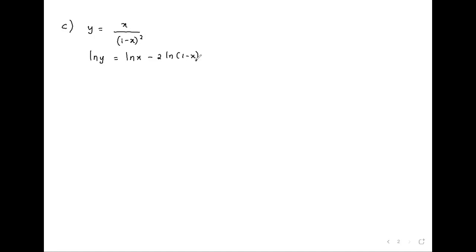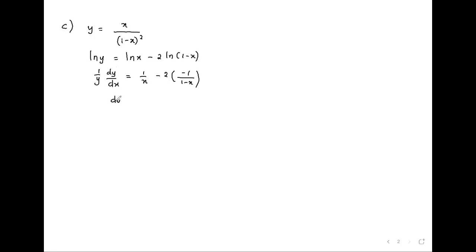Then you differentiate now. 1 over y dy dx, this is coming from implicit, and then 1 over x minus 2 times -1 over 1 minus x.